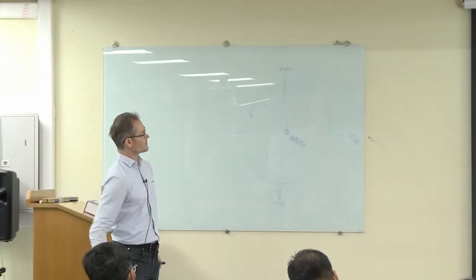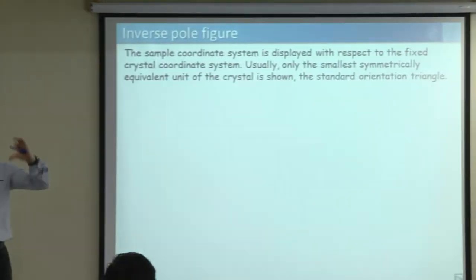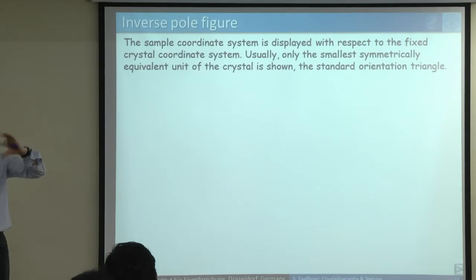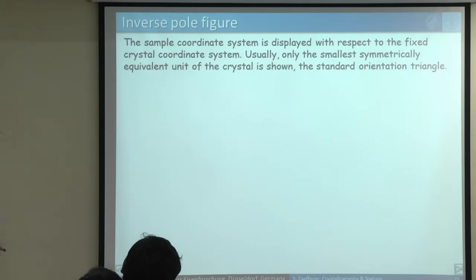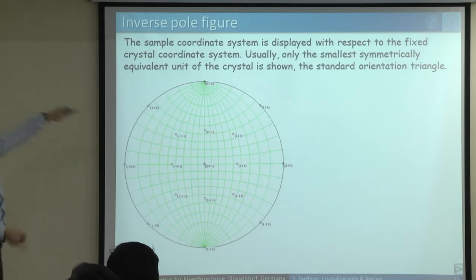So inverse pole figures means now, this time I'm keeping the crystal coordinate system constant, and I'm plotting the position of the sample coordinate system inside. So that means this time it's a bit more difficult to imagine it, and therefore or to plot it myself here on the board. That's why I rely on the drawing here.